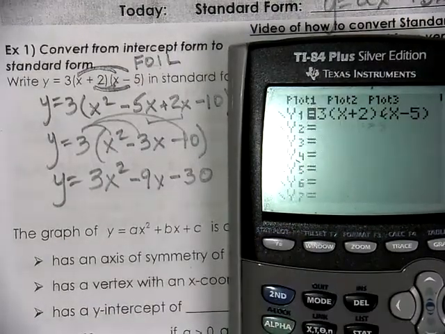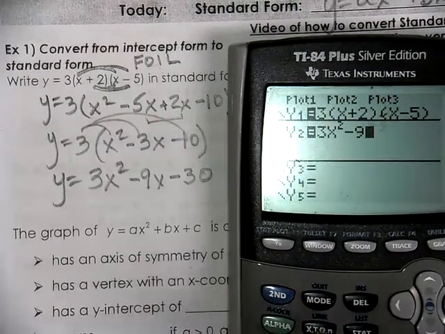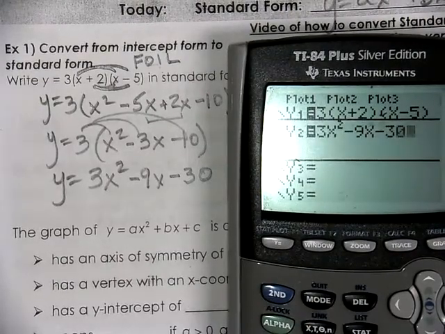If we want to graph a second equation right on that, 3x squared minus 9x minus 30. Now we're typing in this other equation.